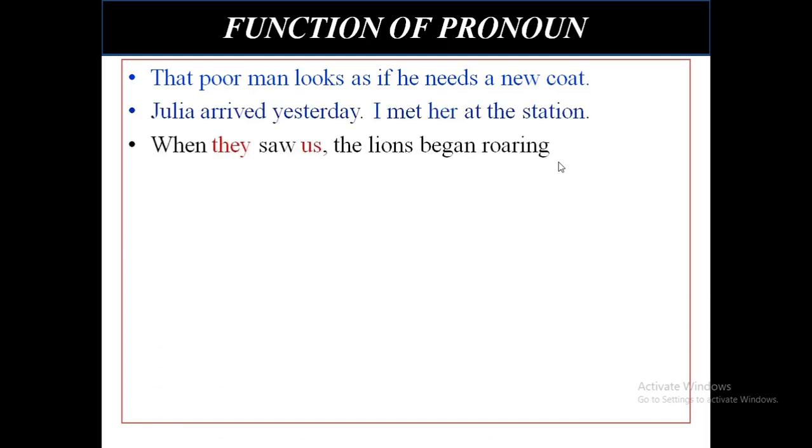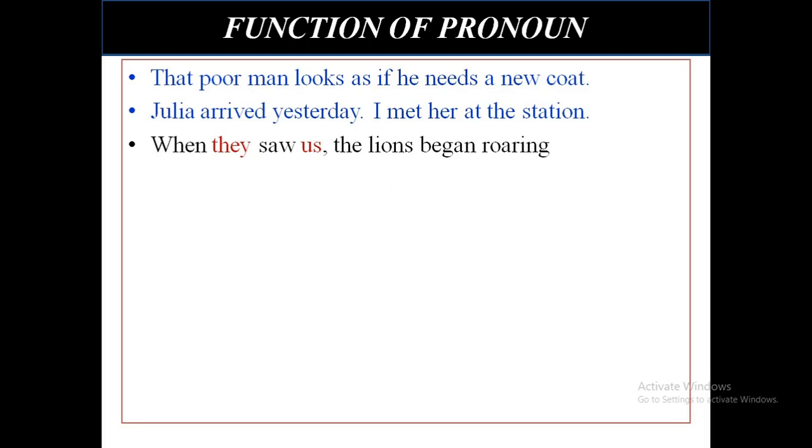So we also look at another sentence. When they saw us, the lions began roaring. Which word is going to represent the word lions? Can you guess it? Yeah, it is they, right? In the first two sentences we have seen singular pronouns referring to singular nouns.